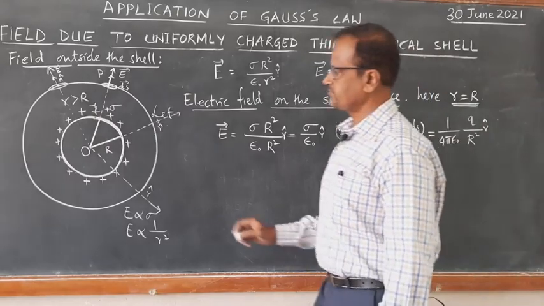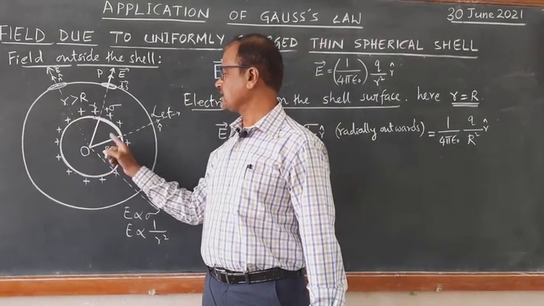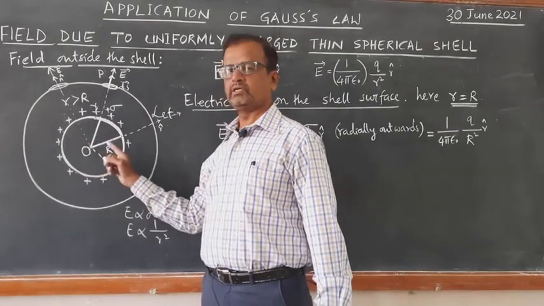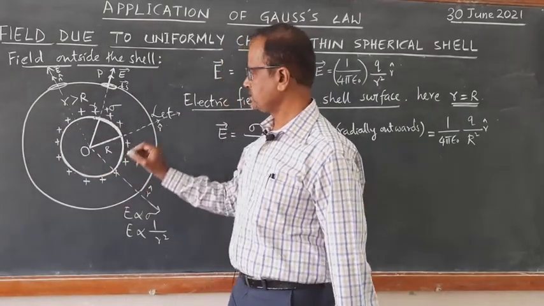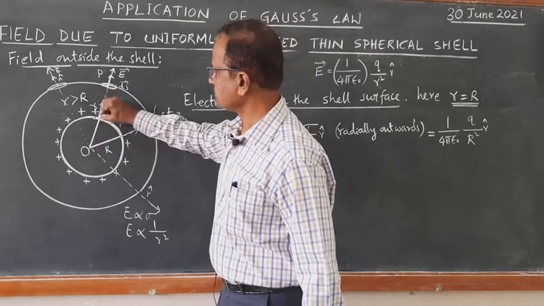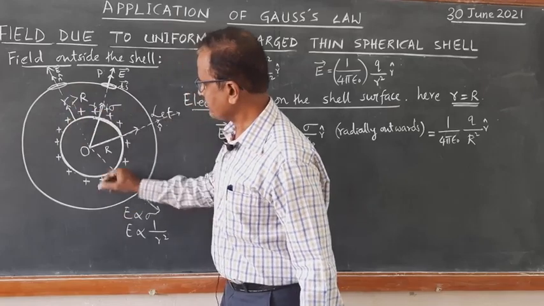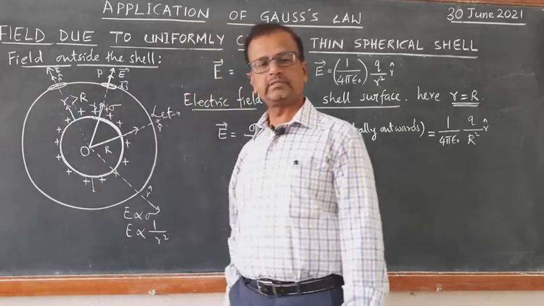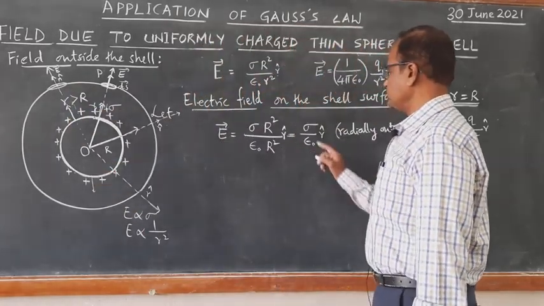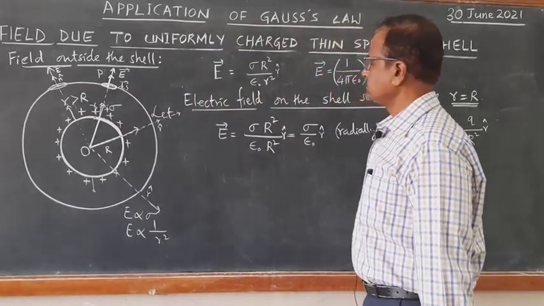It acts as if the entire charge is present at the center, and the electric field acting on the surface of this shell is radially outwards everywhere. So this is an interesting equation, sigma upon epsilon naught into unit vector r, right?